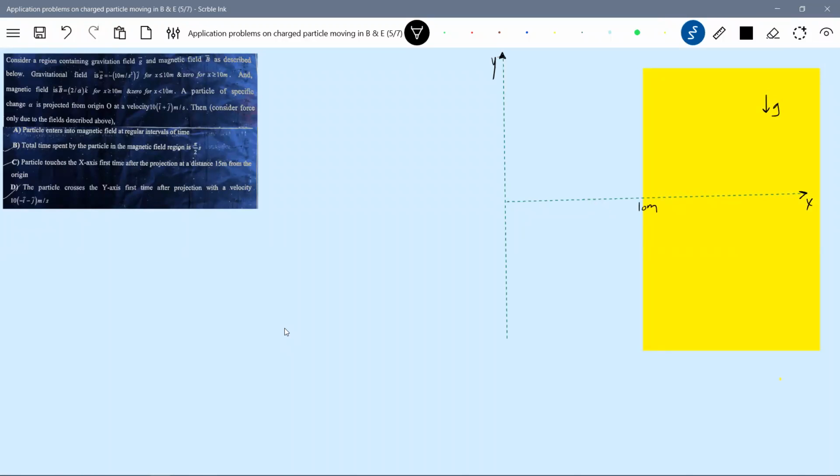B bar is present only in this region, and that too it's out of the plane. The g in fact will be there everywhere. Let's indicate that also. Let's get into a particle projected with a velocity 10 i cap plus 10 j cap. So I'm going to project with a speed V naught at an angle 45 degrees at t equal to 0.